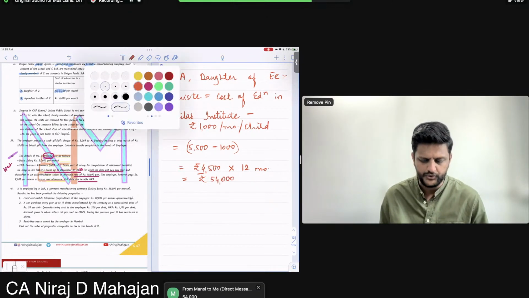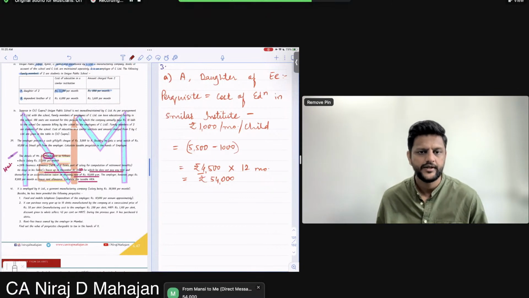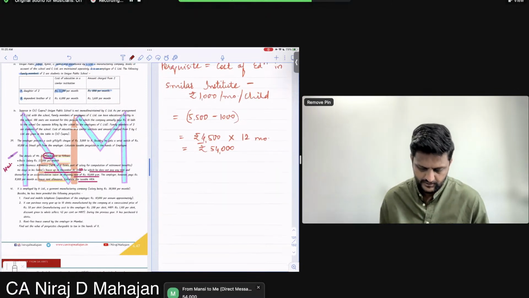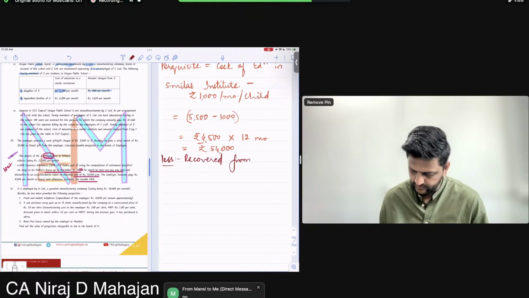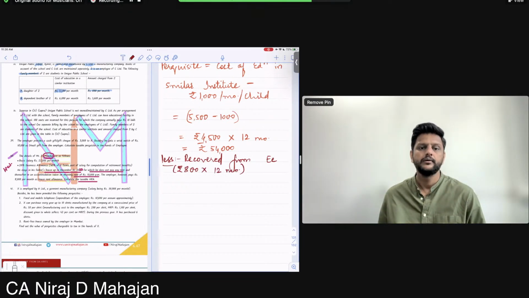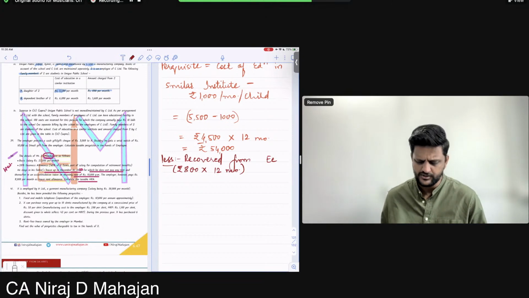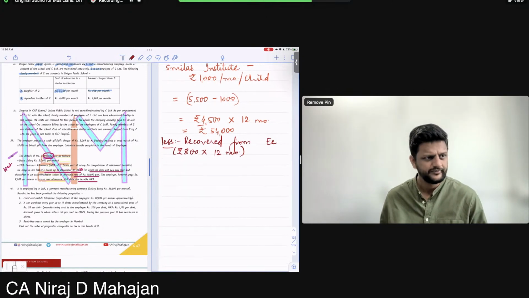Less what? What should we reduce? Is it free? Is it completely free? No. Less recovered from employee. Yes. How much? Rupees 800 into 12 months. 9,600, correct?